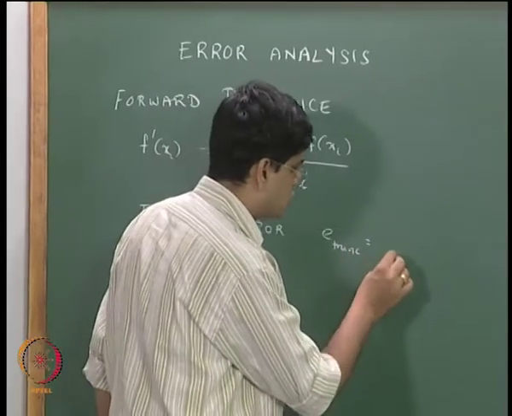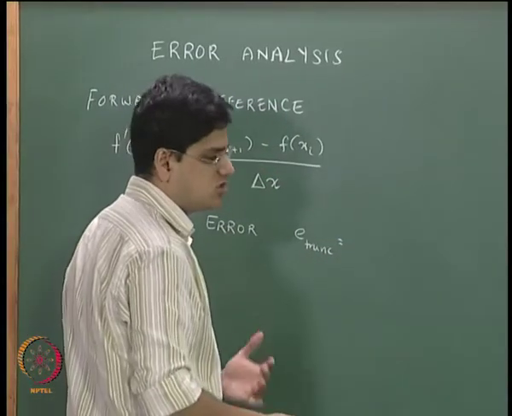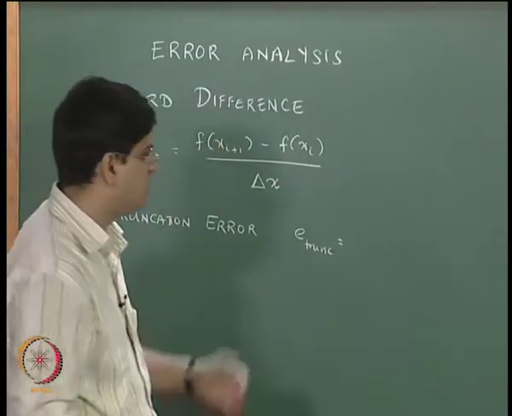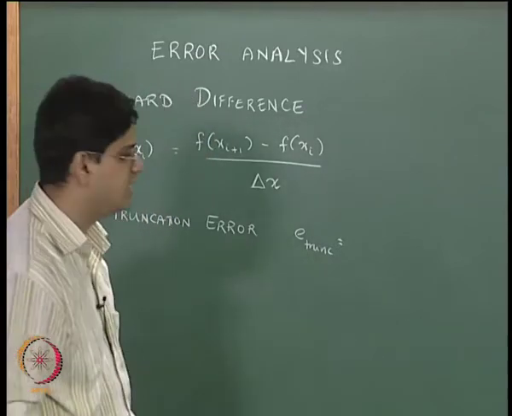So it was proportional to delta x. So I will use some kind of a constant multiplied by delta x.